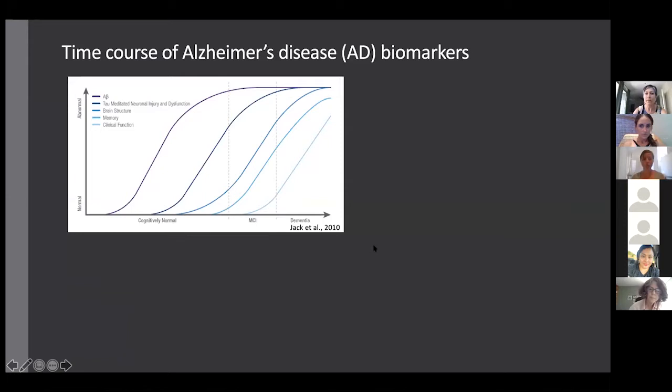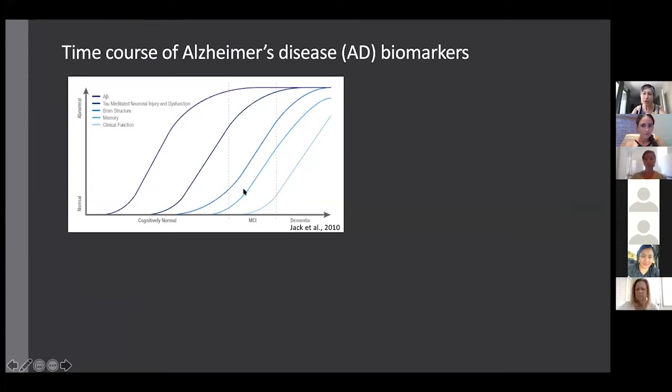Initially, the toxic proteins amyloid and tau accumulate in the brain, and this may occur decades before symptoms appear. After that, structural changes appear. These include volume loss, cortical thinning, and degeneration of the white matter pathways in the brain. And these structural changes can be visualized using magnetic resonance imaging, or MRI.